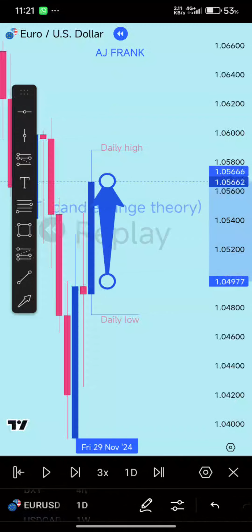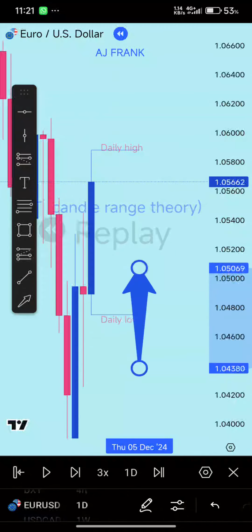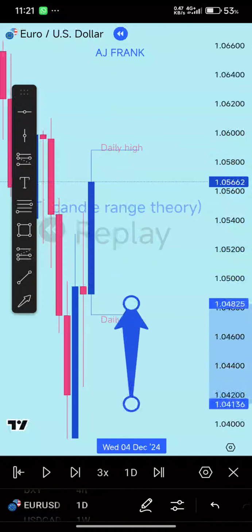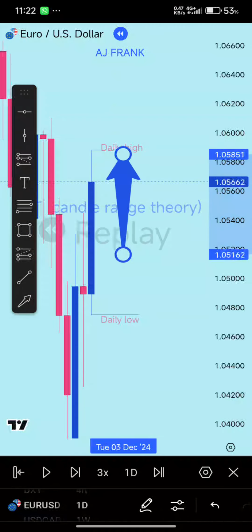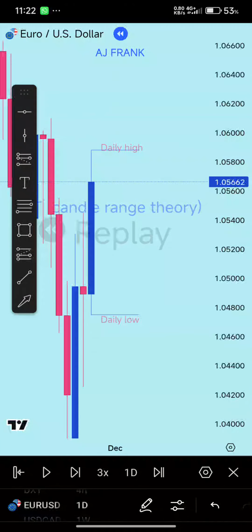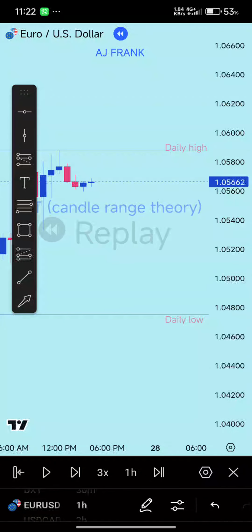Although this is the closing of this candle and this is the opening of this candle, you are going to ignore it. You are using only the highs and the lows. So this is the daily high and this is the daily low. I just wrote it out so that it won't get confusing when we enter low time frame. We don't want to mix things up, right?